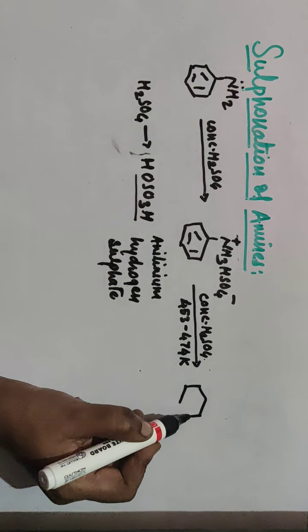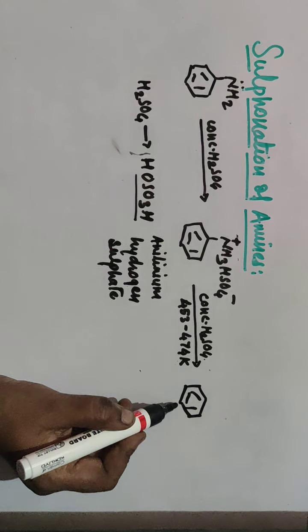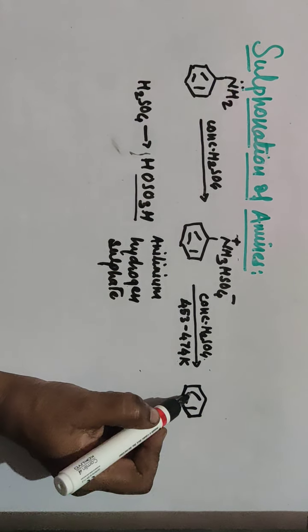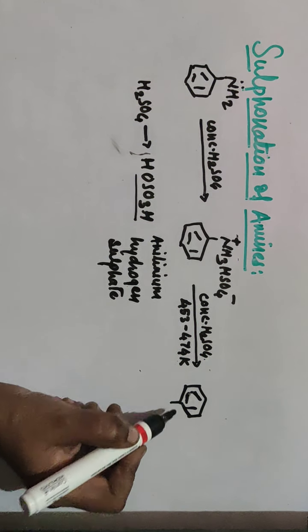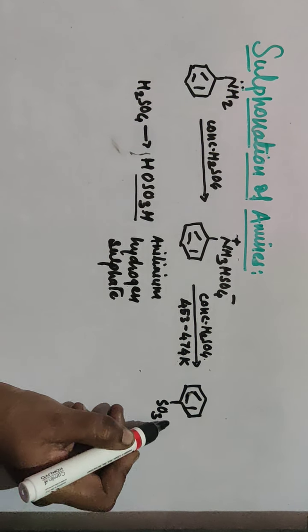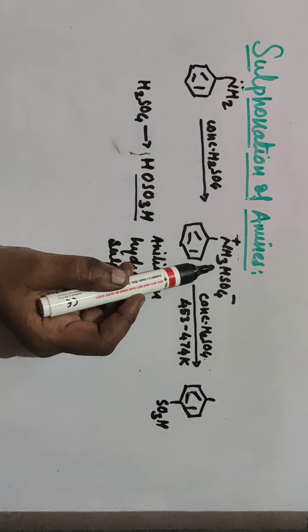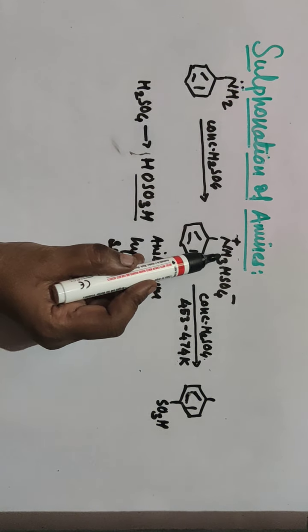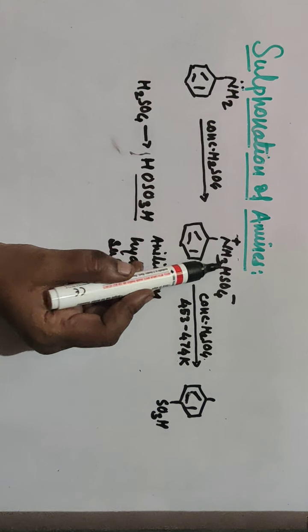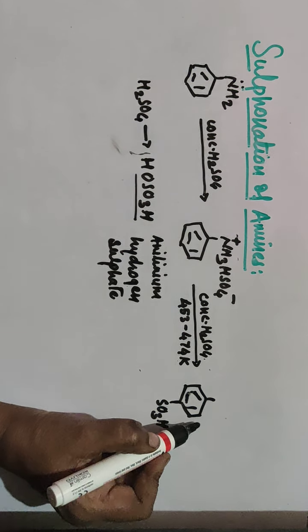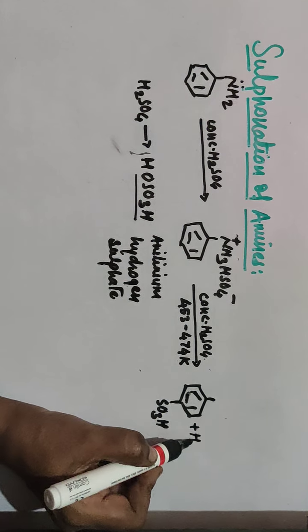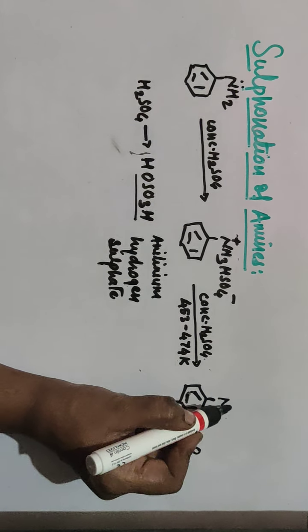You will get here, actually the hydrogen atom from para position is replaced by SO3H group. Then NH3 gives a proton also. So one more hydrogen from this and the oxygen atom gives you a water molecule. Here it is NH2.